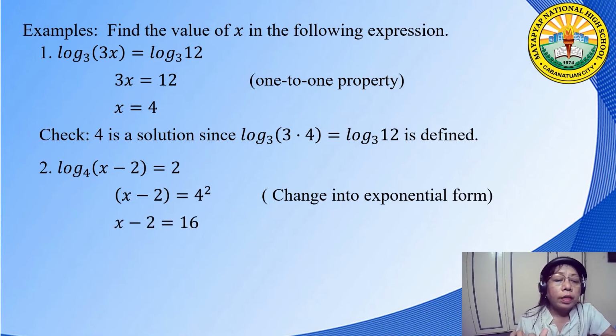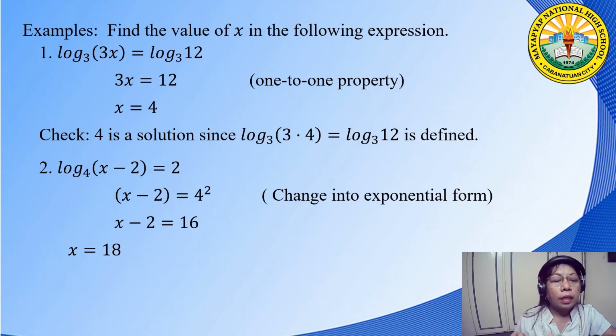Then solve for the value of x. So this becomes x minus 2 equals 16, that is the equivalent of 4 to the second power. Then applying the property of equality, or you may use the shortcut way, you transpose negative 2 to the right side so that it becomes positive, therefore x equals 18.